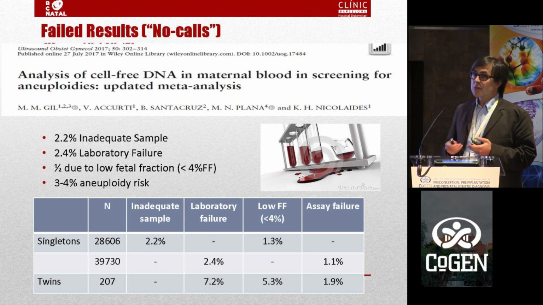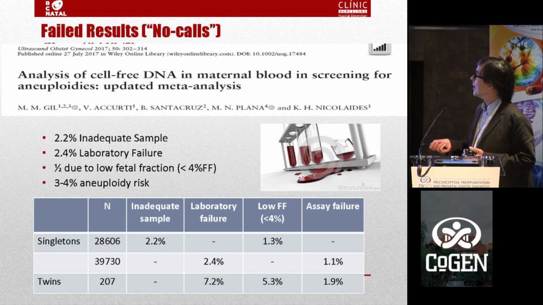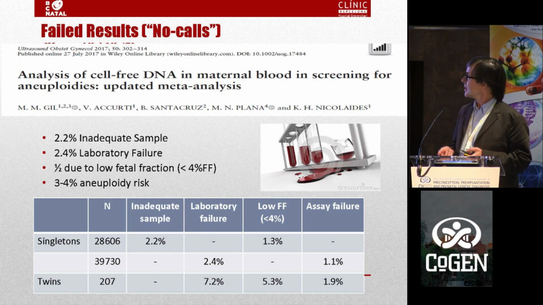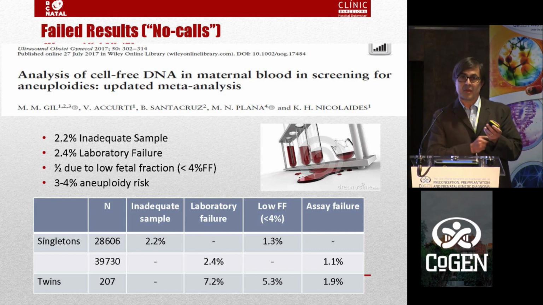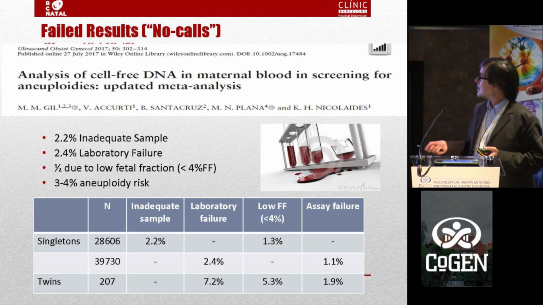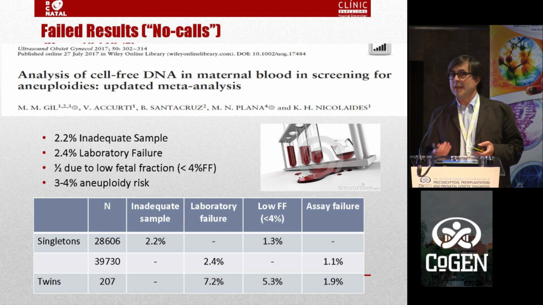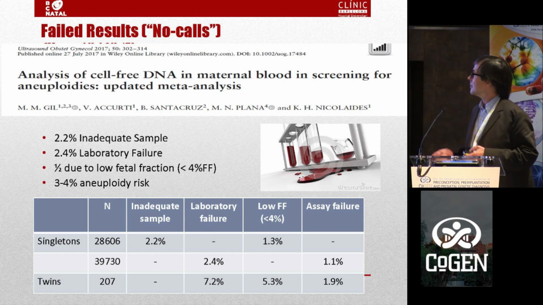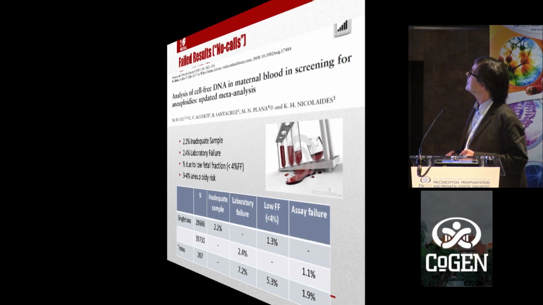And there are 2.5% of the samples that the lab considers fine to be analyzed where we got a failure to get a result. Half of them are due to a low fetal fraction. And we know from a couple of papers that those cases have a 3 to 4% risk of aneuploidy and triploidy also. This is the detail of those figures.